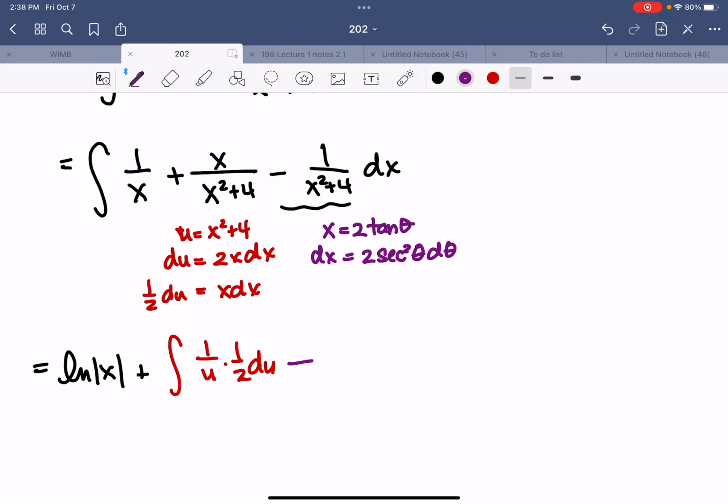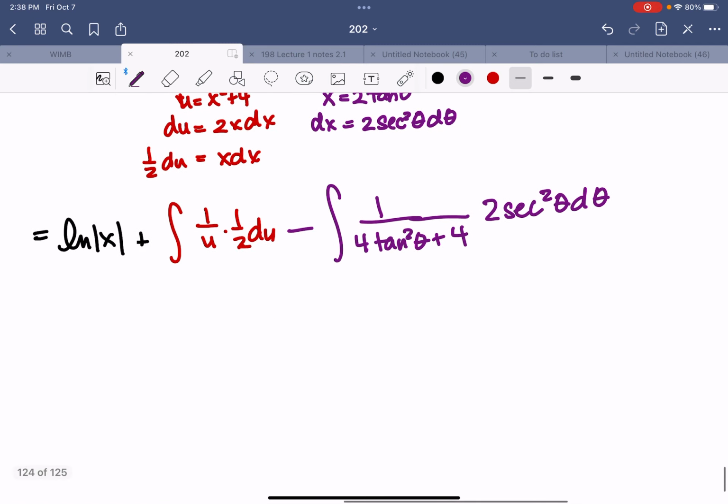And I'm going to have 2, that is the integral of 1 over 4 tangent squared theta plus 4 in the denominator. And my dx is 2 secant squared theta d theta. Okay, let's clean them up in the next step.